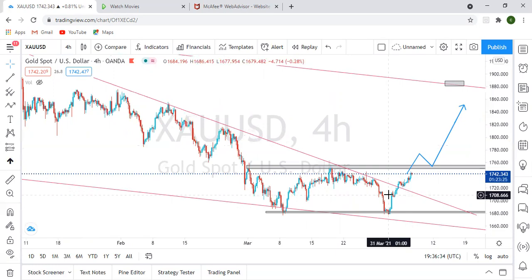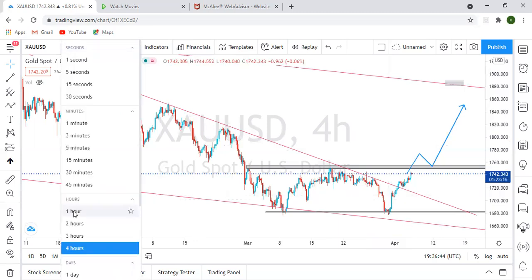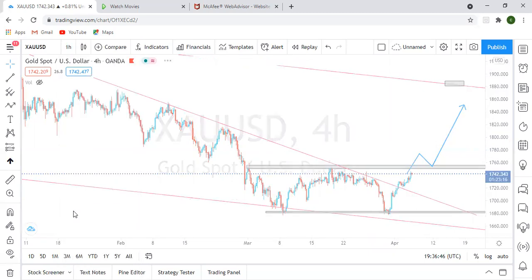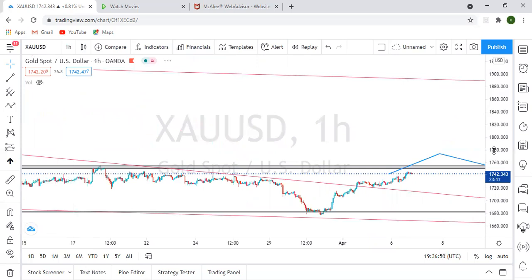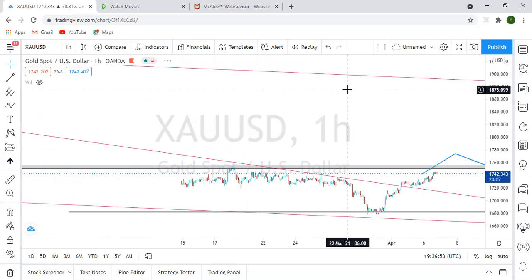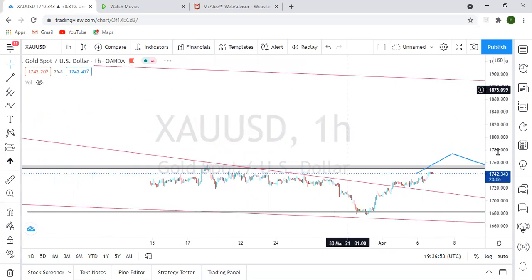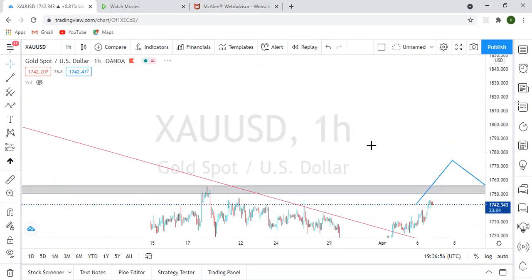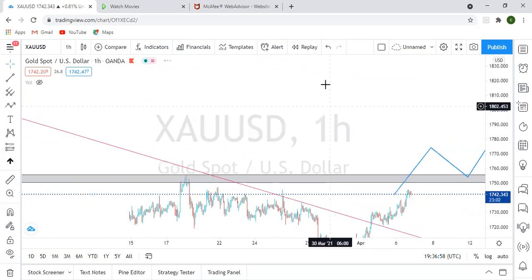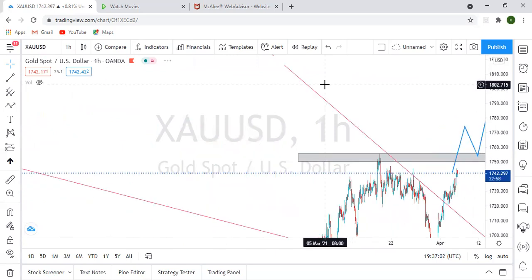So we are waiting for the market to give us a lower price after the break on our neckline. So let's go to 1 hour and see what we can see now. Let's zoom this out. So this was our previous neckline.